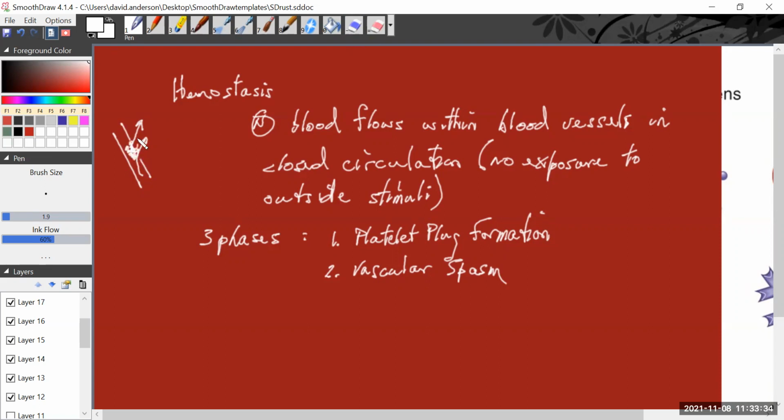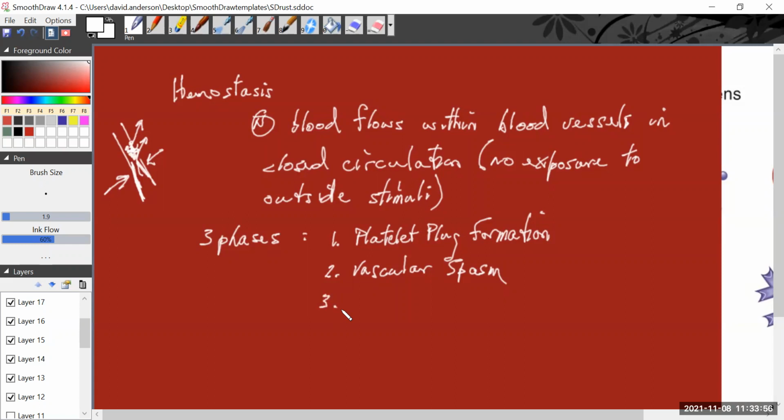We're going to talk about this in a second. And we're also going to vasoconstrict. We're going to constrict the blood vessel to try to minimize blood loss and allow the plug to become stronger. We said there were 3 phases.